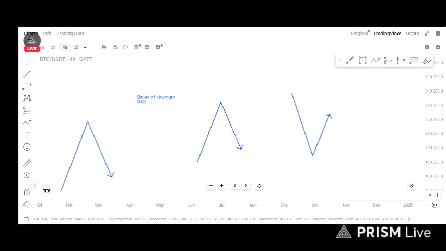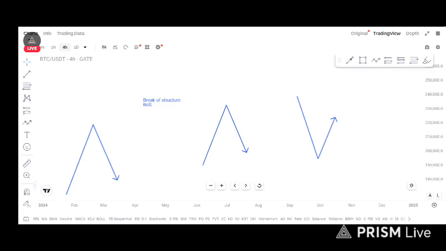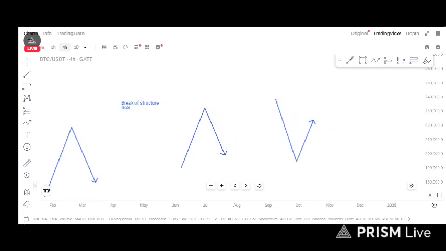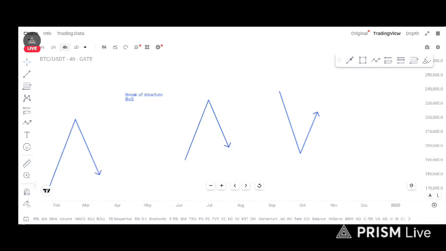Okay, these two guys here now. I will use these guys to explain what a break of structure is. I said a break of structure is when market breaks a high or a low in the market.